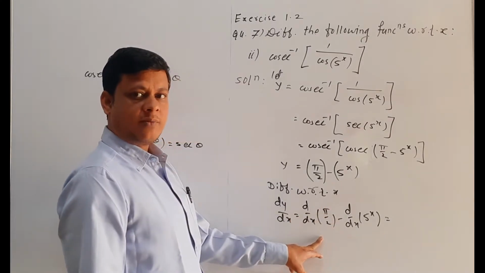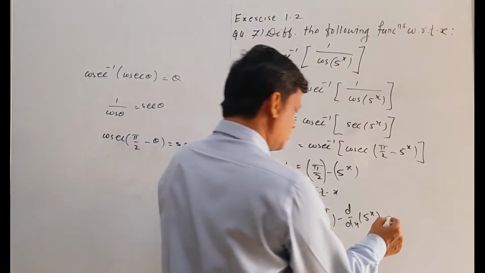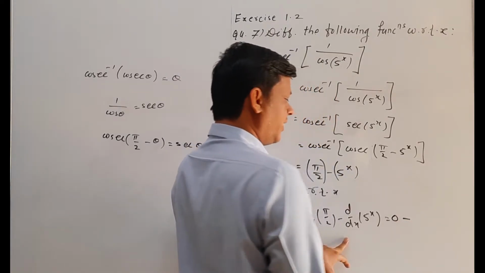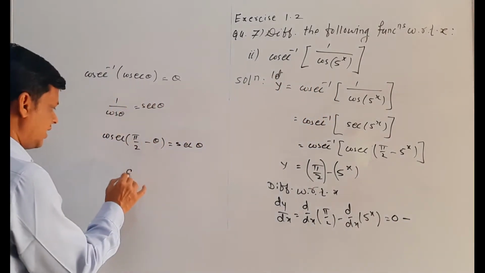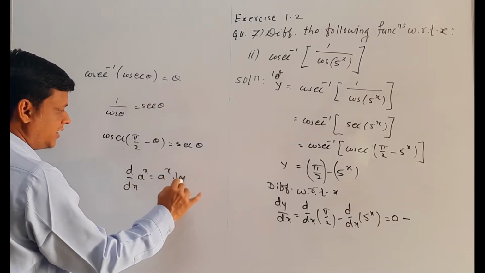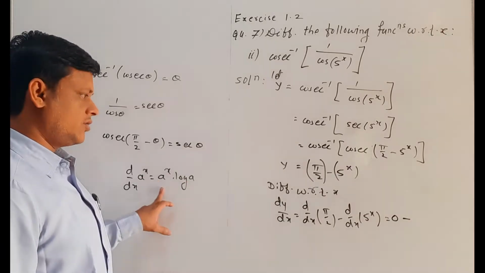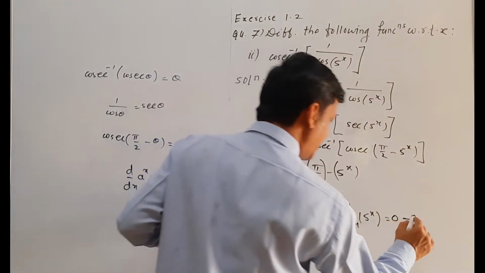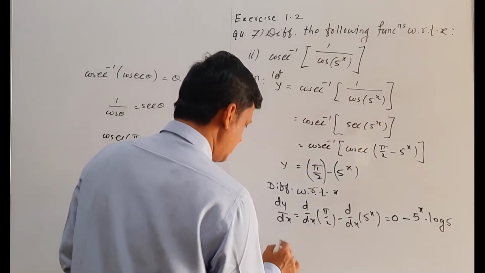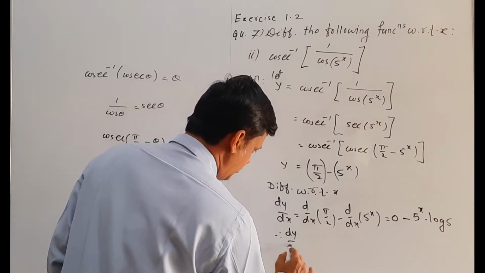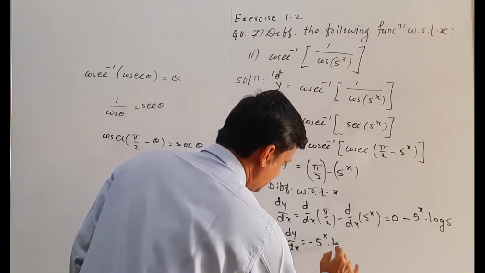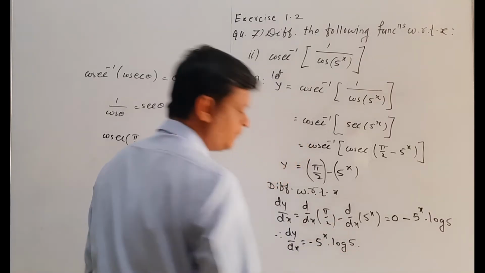Now pi by 2, that means 90, is a constant, so its derivative is 0, minus 5 raised to the power x. Here we use d by dx of a raised to the power x, that is a raised to the power x into log a. Here instead of a, the value is 5, so we write 5 raised to the power x into log 5. So we get the derivative dy by dx is equal to minus 5 raised to the power x into log 5.